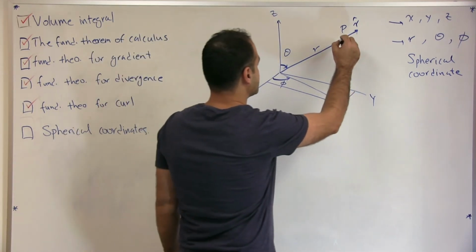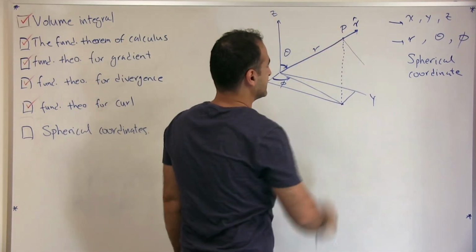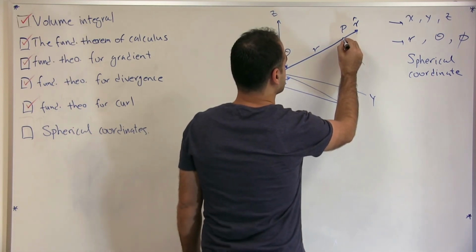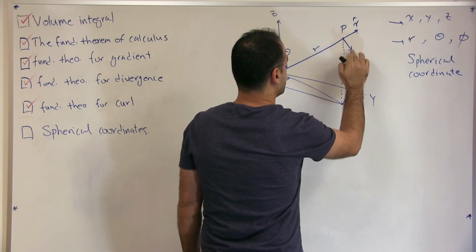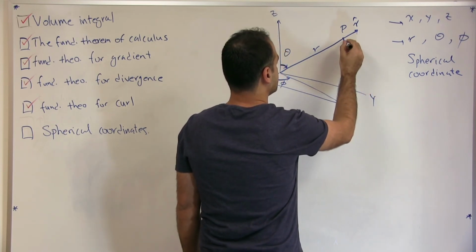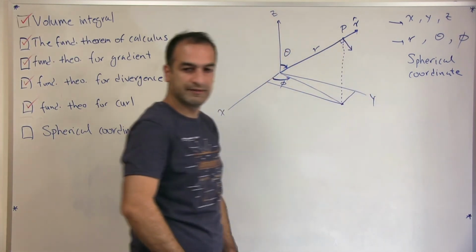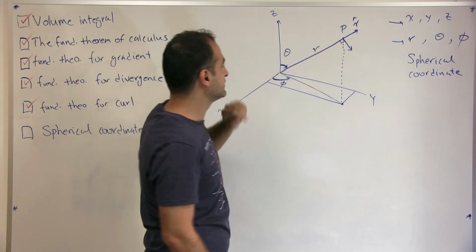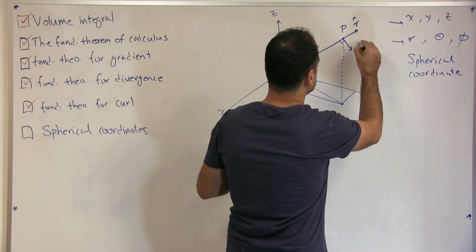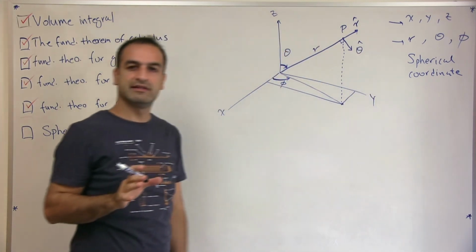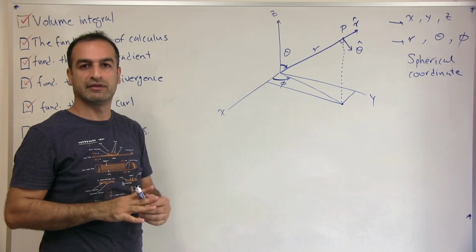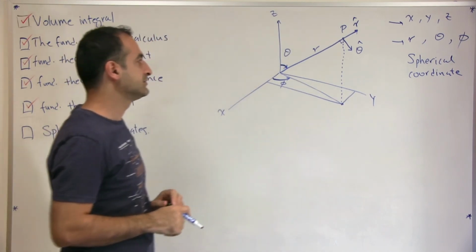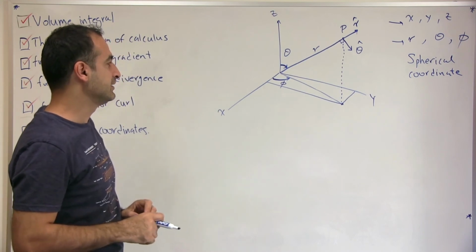So this is the direction it's going to move, and I define theta hat as a unit vector in this direction. By this direction, I mean it should be perpendicular to r. That's the direction we find by increasing theta a little bit, and this is theta hat. The magnitude is still 1, the same as r hat, x hat, y hat, z hat, and everything else.